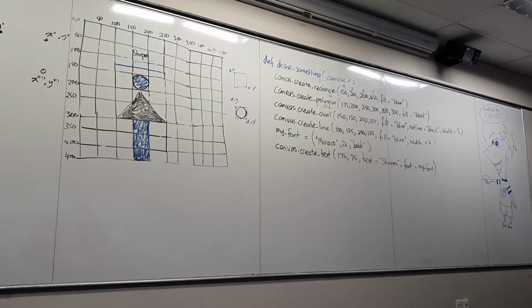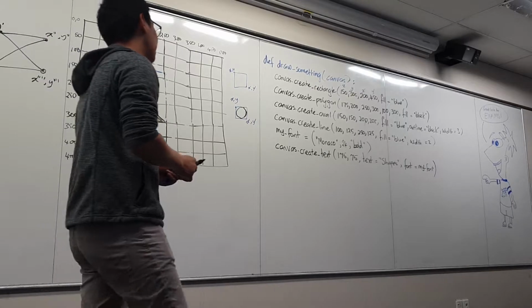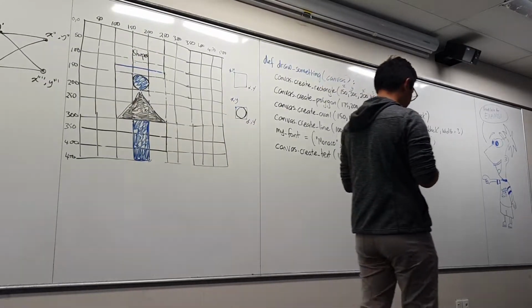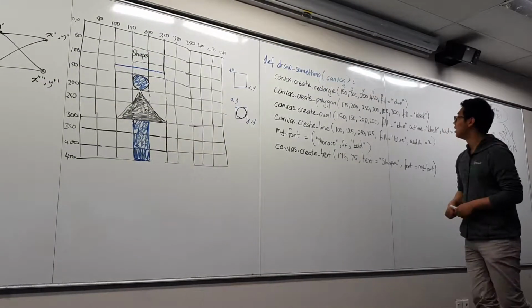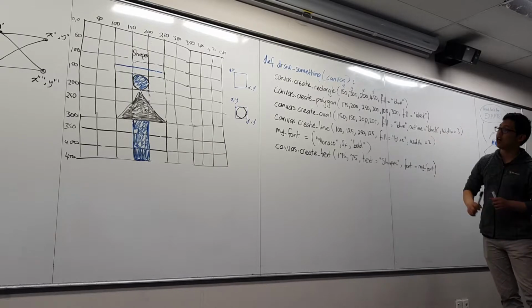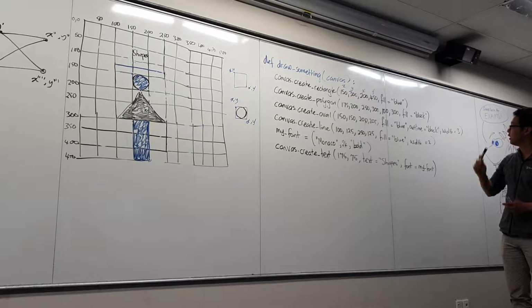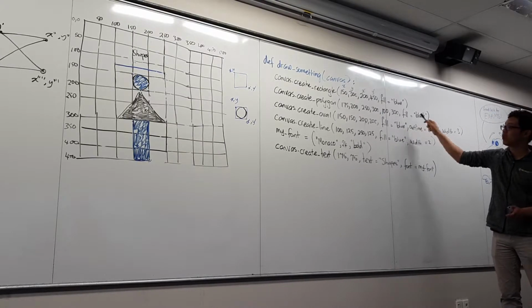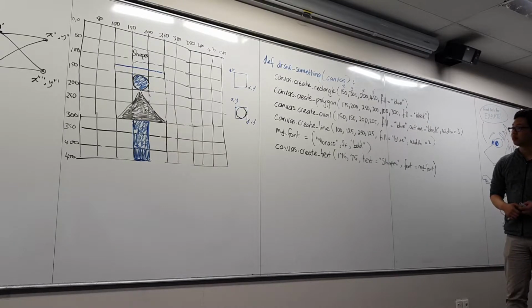What it's going to do is connect them in the order that we wrote them in. So that way, that way, that way, and then that way. So just remember that. They always go in the order that you have written them down in. Same thing with polygons. You can put in other parameters as well, like fill or outline, but in this case we just want to have it filled.